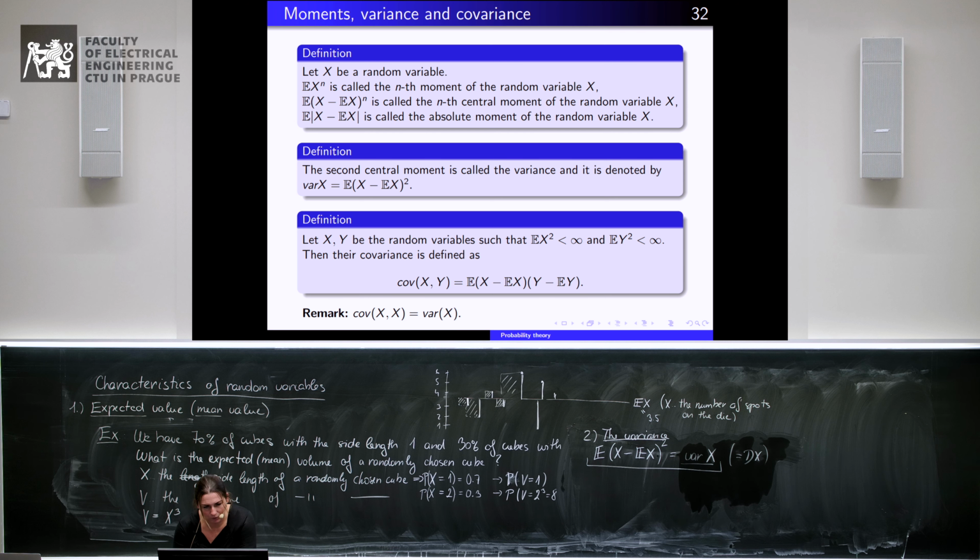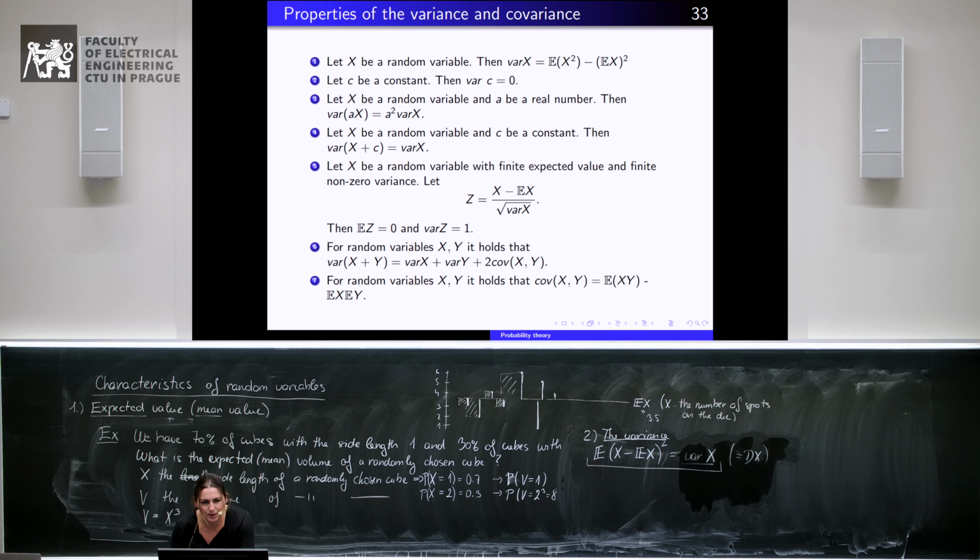And here, for now, I will skip the covariance, and I will just mention some properties of the variance only. The first property is the property we will use when calculating the variance of some random variable, because sometimes it can be quite difficult to calculate this term, and it would be much easier to calculate it in some parts.